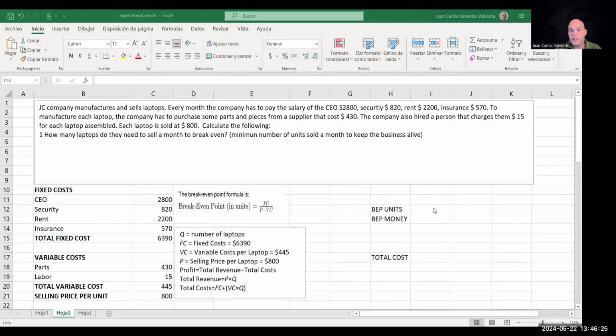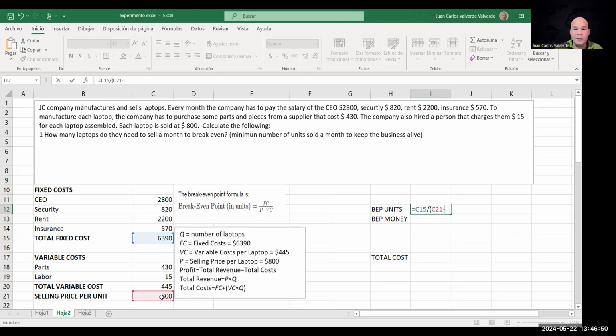Let's start with the calculation here. Let's do the break-even point both in units and also in money. To do it in units, we use this formula: total fixed costs divided by, let me open parentheses, selling price, which is $800, minus variable costs.